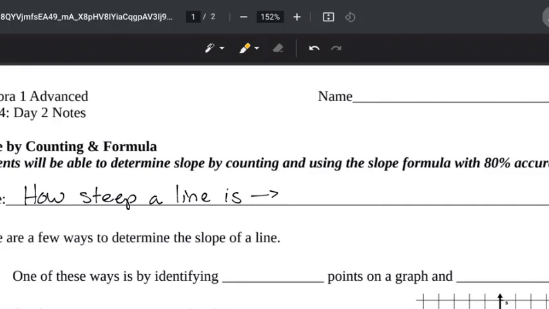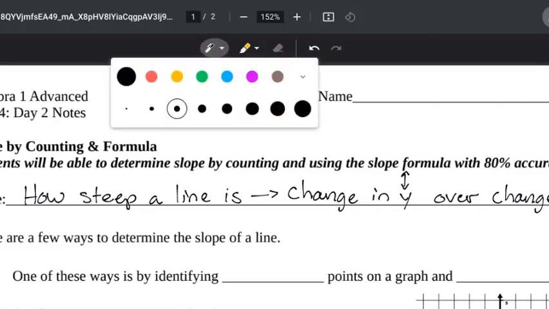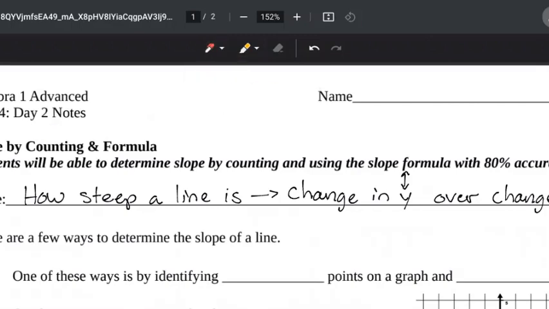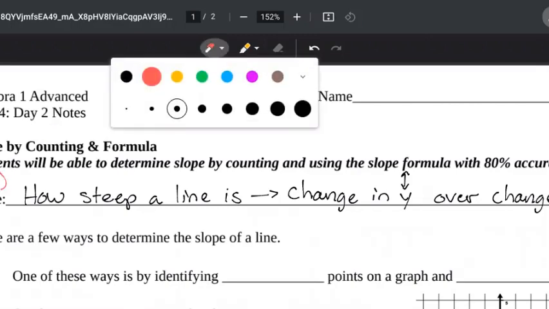And in a more mathematical sense, it is our change in y, which is our movement up and down on a graph, over our change in x, which is our left and right movement on a graph. So that's how we find slope. Slope is represented by the letter m.